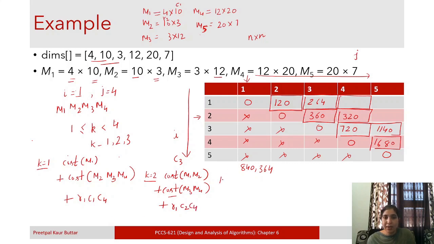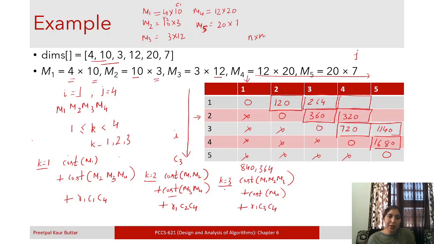And similarly, when K is 3, it will be cost of M1, M2, M3 plus cost of M4 plus R1, C3, C4.